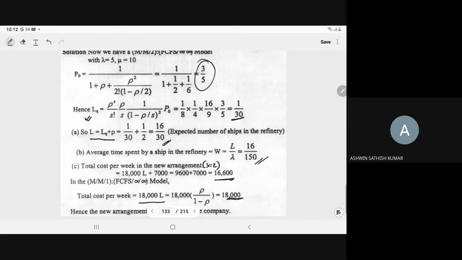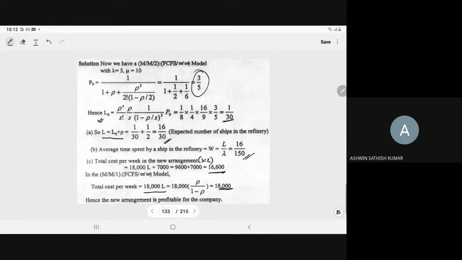So naturally, the new arrangement is profitable for the company. Clear? So this type of numerical example we can ask from the different queuing models. Is there any doubt? Anything you want to ask?